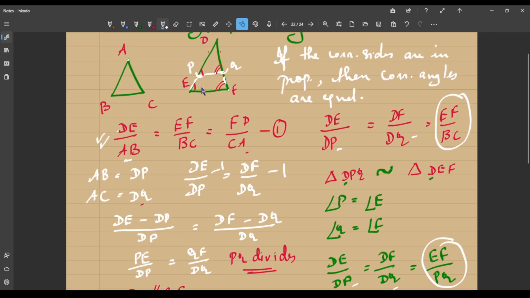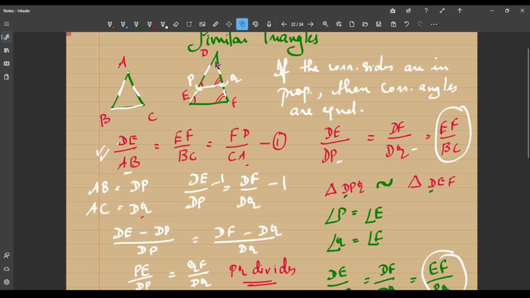In these two triangles, now this BC is equal to PQ, but already we knew that these two sides were equal. These two sides were equal. So can I conclude that they are congruent by the SSS congruency? Triangle ABC and triangle DPQ would be congruent, isn't it?